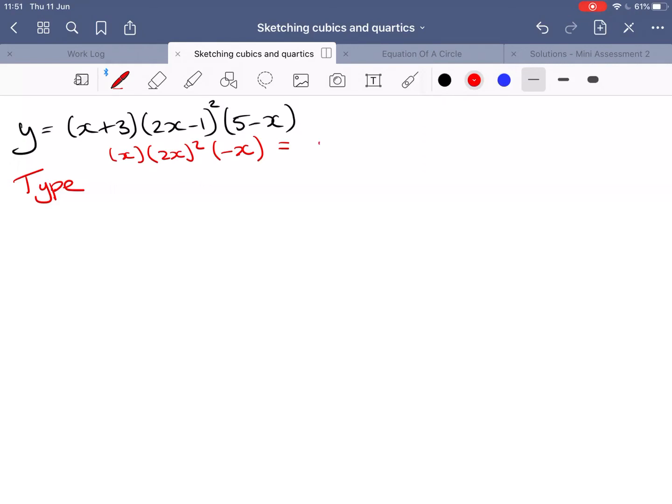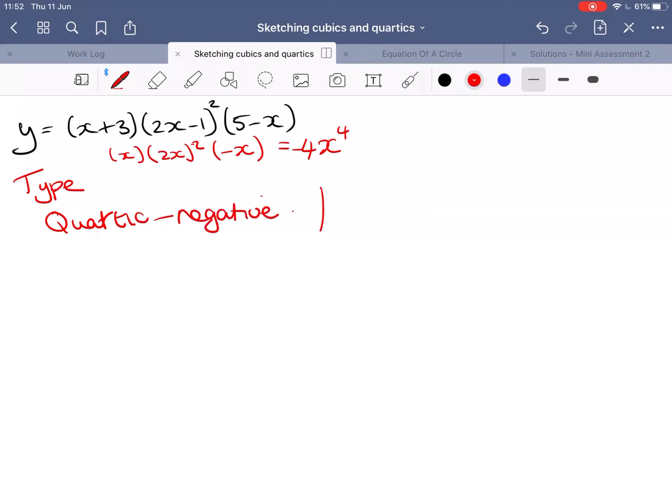It's going to give me an x to the power 4, because I've got an x squared and an x. And I've got a positive squared, and a negative. So it's going to be a minus. It's going to give me a minus 4x to the power 4. So it's a quartic and it's negative.